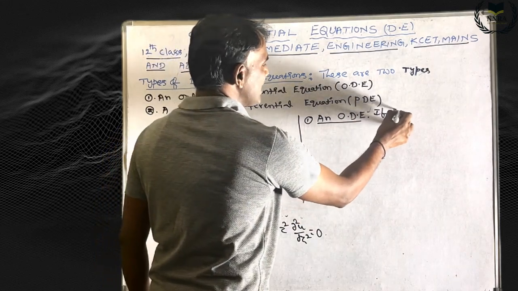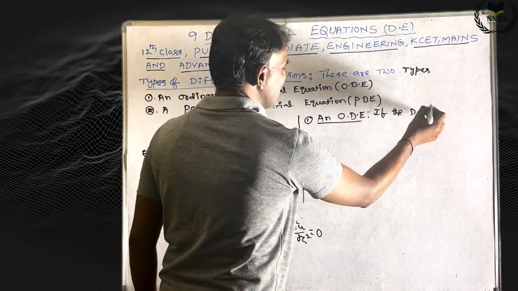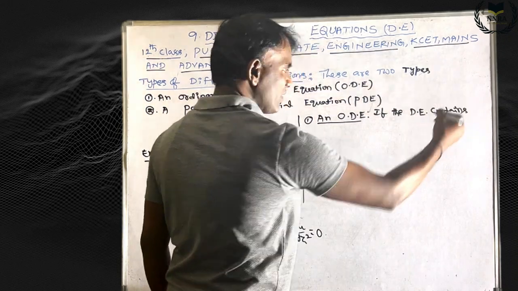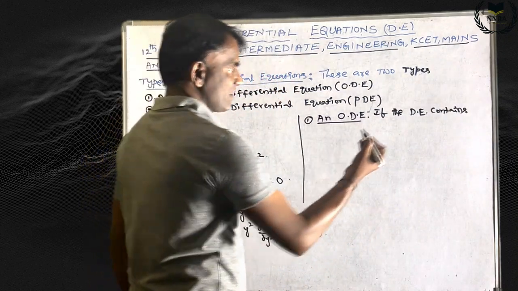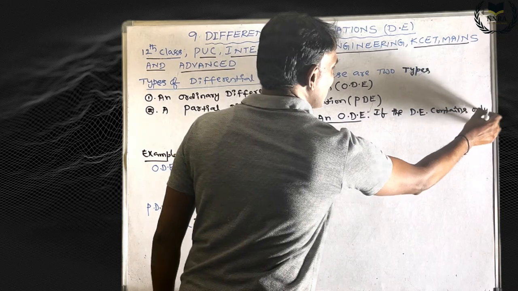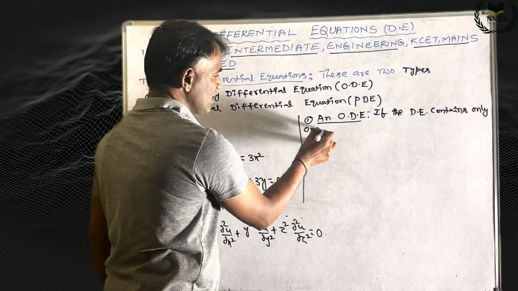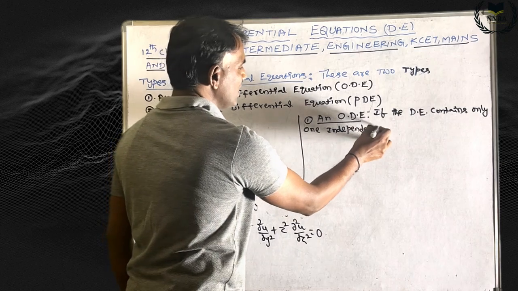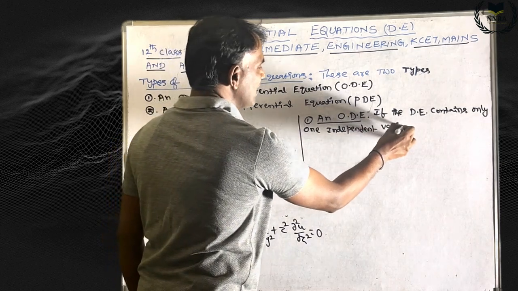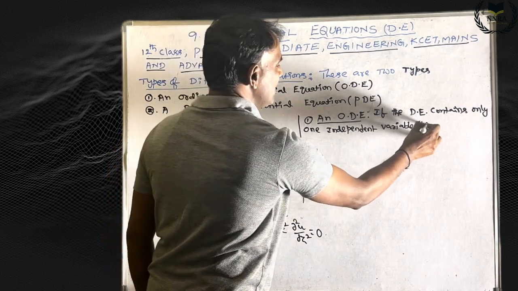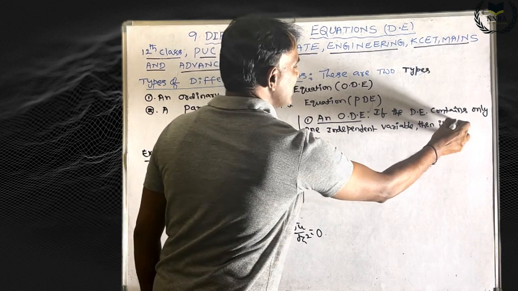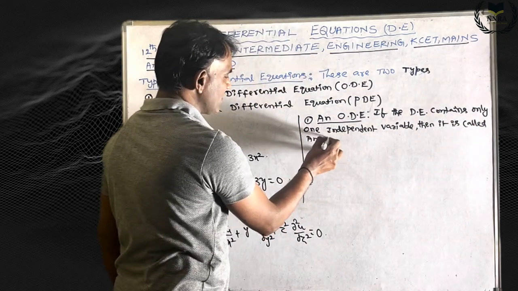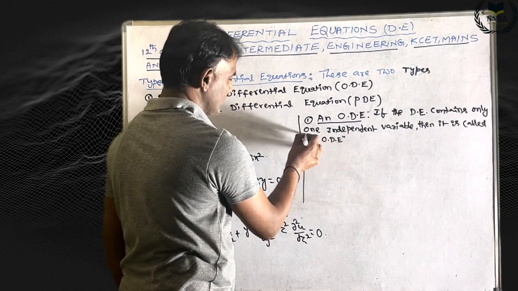If the differential equation, DE means differential equation, contains or involves or has only one independent variable, then it is called an ordinary differential equation, ODE.